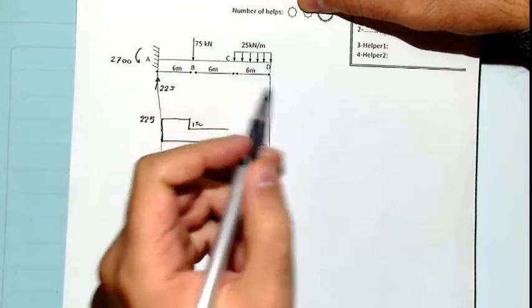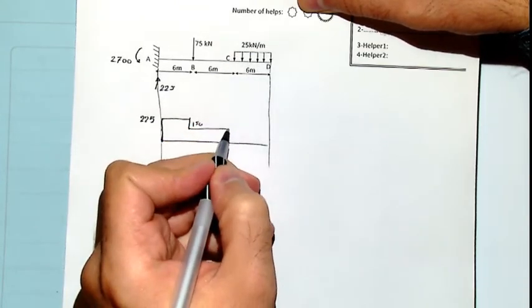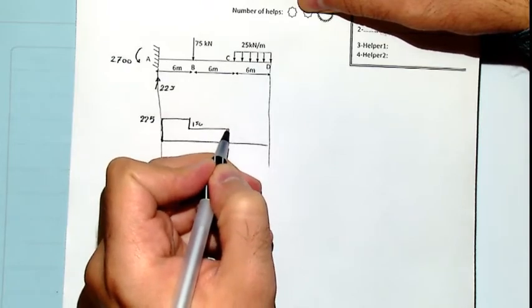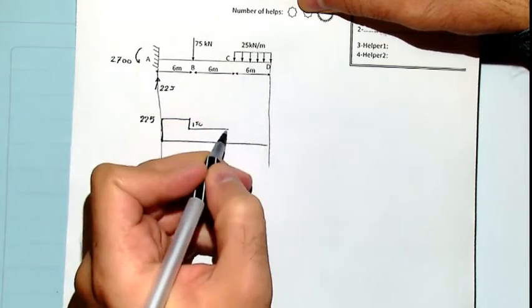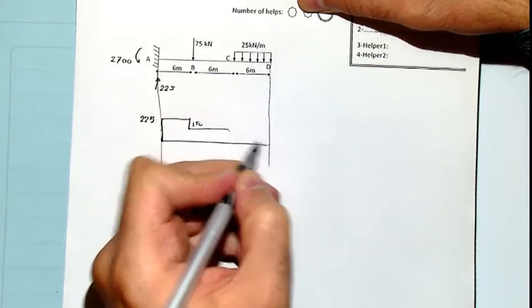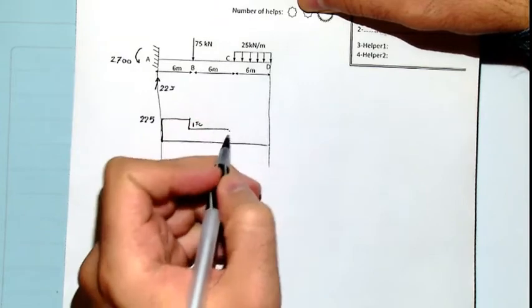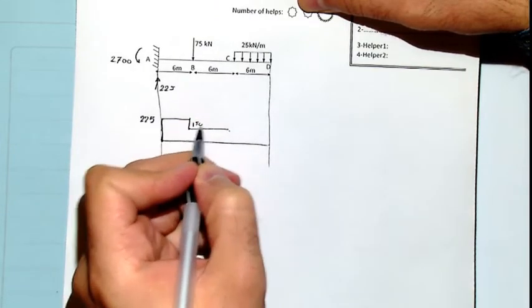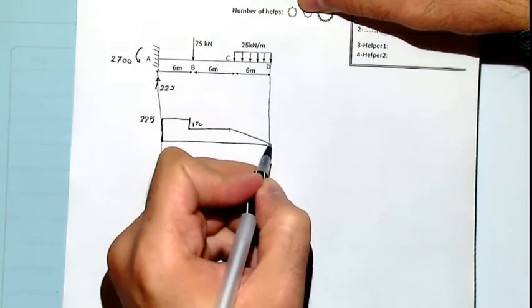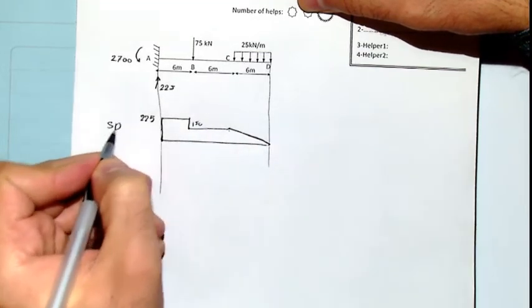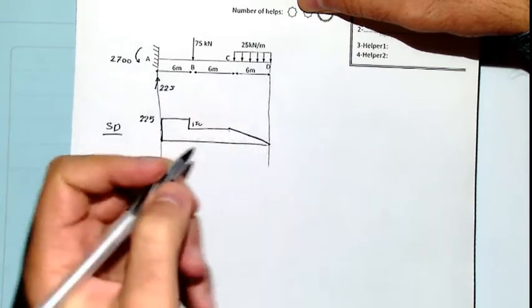And after that, we have a straight distributed load, so it should be linear, and it should drop down because it's downward loading. And the area of this, 125 multiplied by 6, would be 150. 150 minus plus 150 would be 0. So here is my shear diagram. It's going to reach to 0, which is correct.